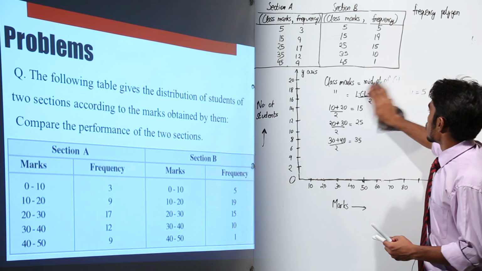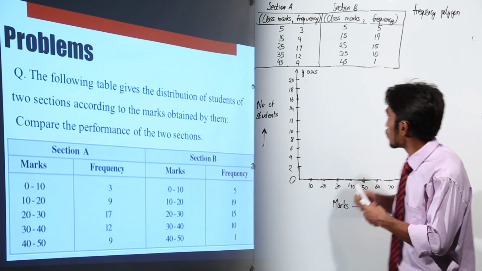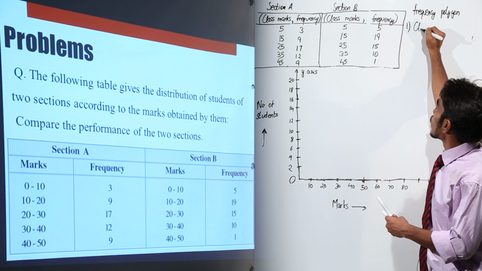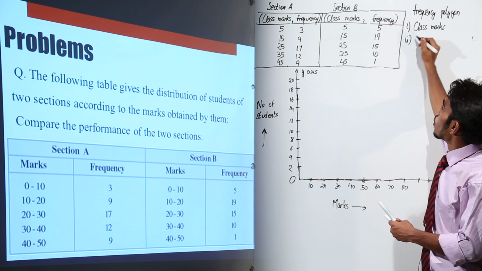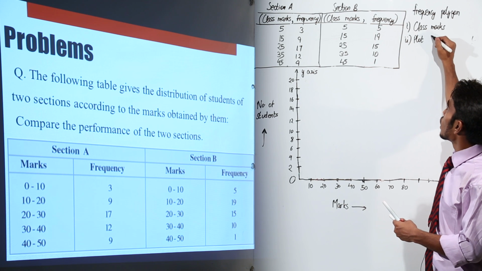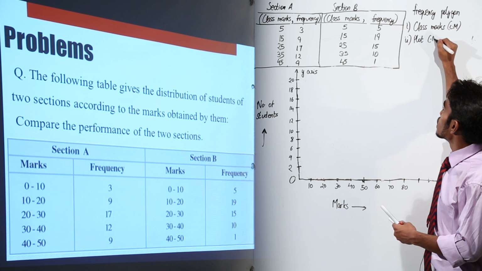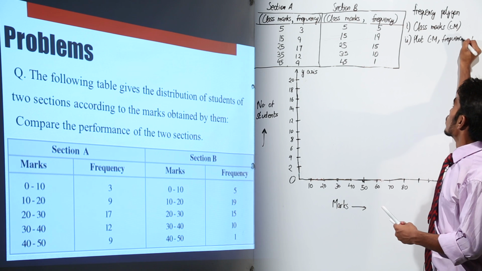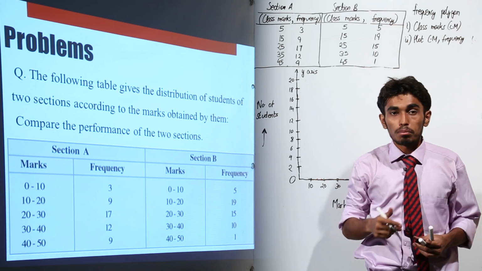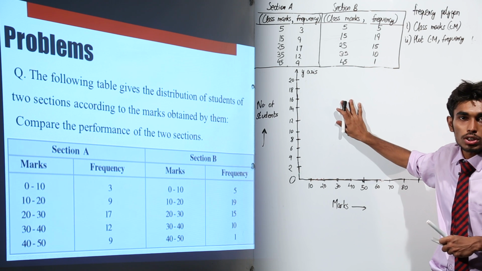Now the second step. The first step was to obtain class marks. The second step is to plot the class marks, or CM, comma frequency. We have done the chapter on coordinate geometry, and in that chapter we learned how to plot points on a graph.